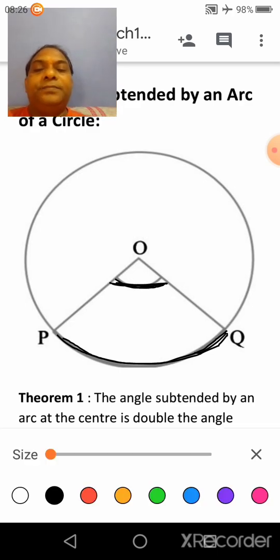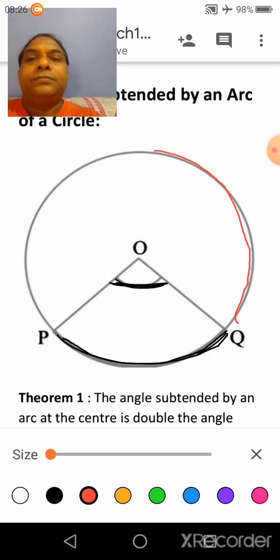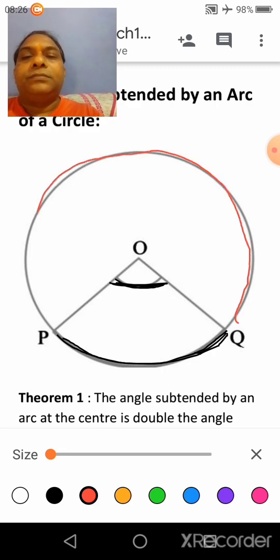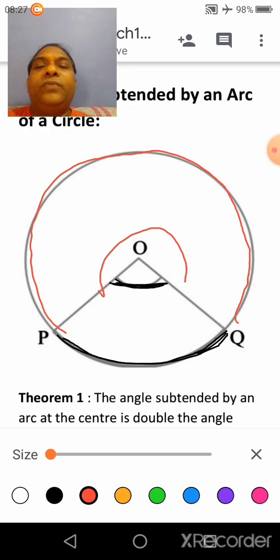And arc RQP is the major arc, and the angle subtended by the major arc will be the reflex angle POQ, meaning the reflex of angle POQ. Clear?